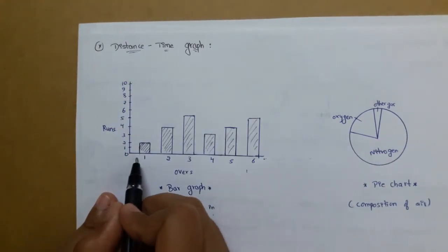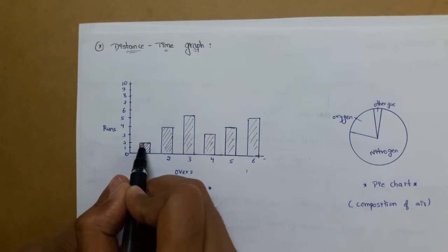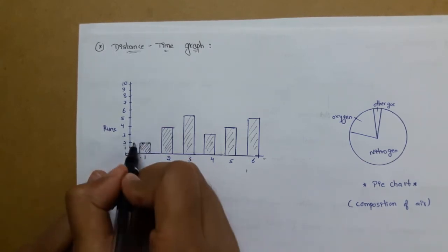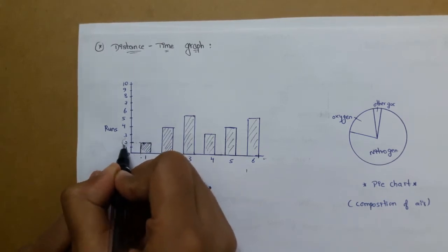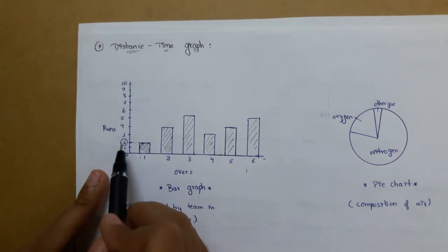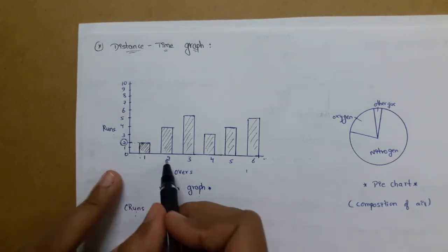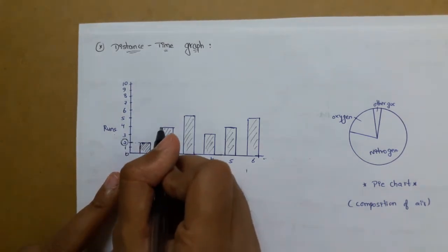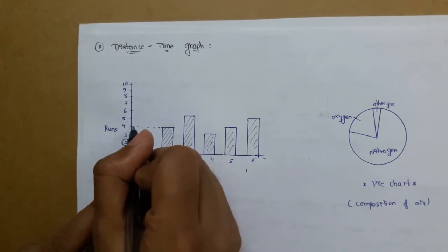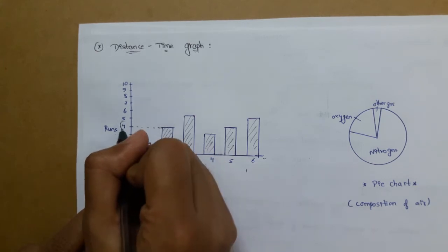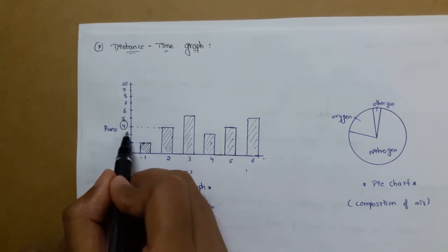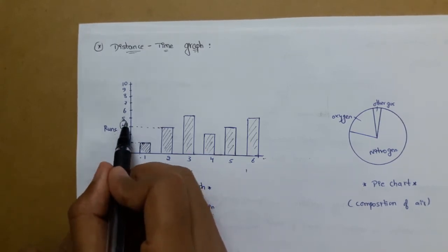From this you can see that in the first over the total runs scored by the team is 2. Similarly, in the second over, we draw a perpendicular line to the y-axis, and you can see that it is 4. So in the second over the team scored 4 runs.